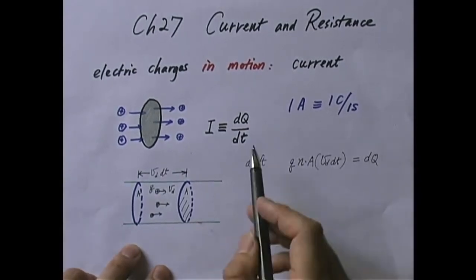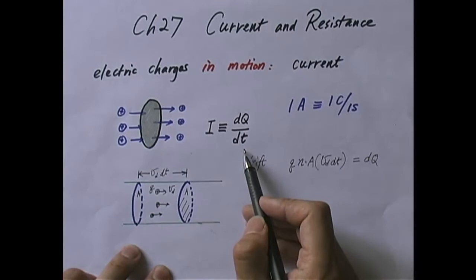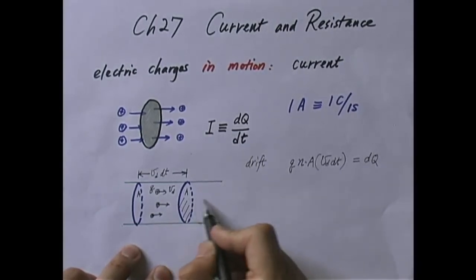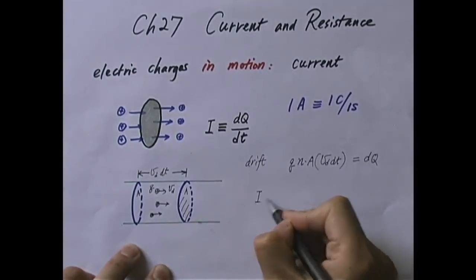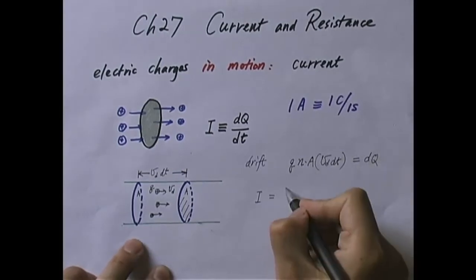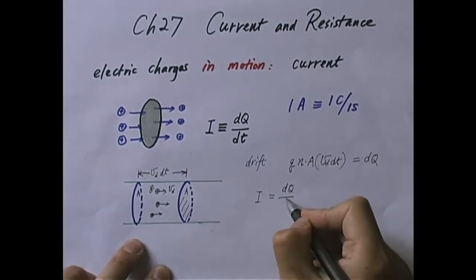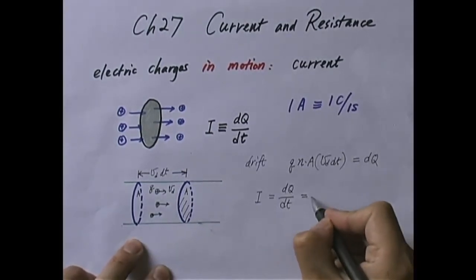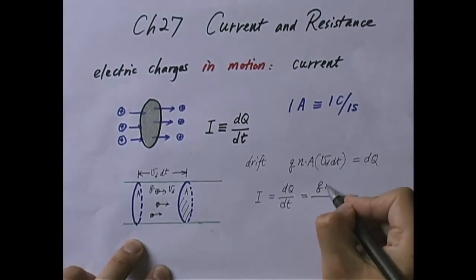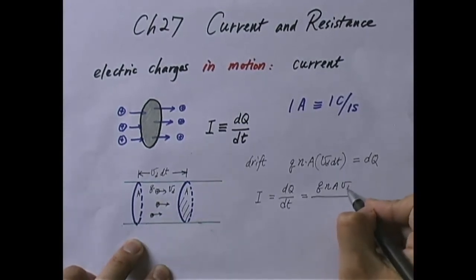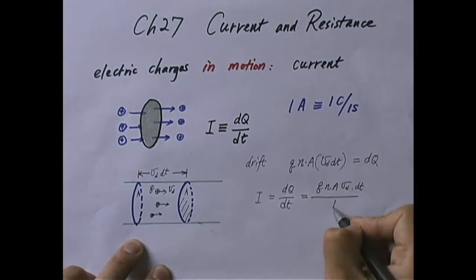And all you have to do is take that dq divided by dt, and you will get the electrical current passing through it. So I is, by definition, dq over dt, which is Q N A Vd times dt, divided by dt.